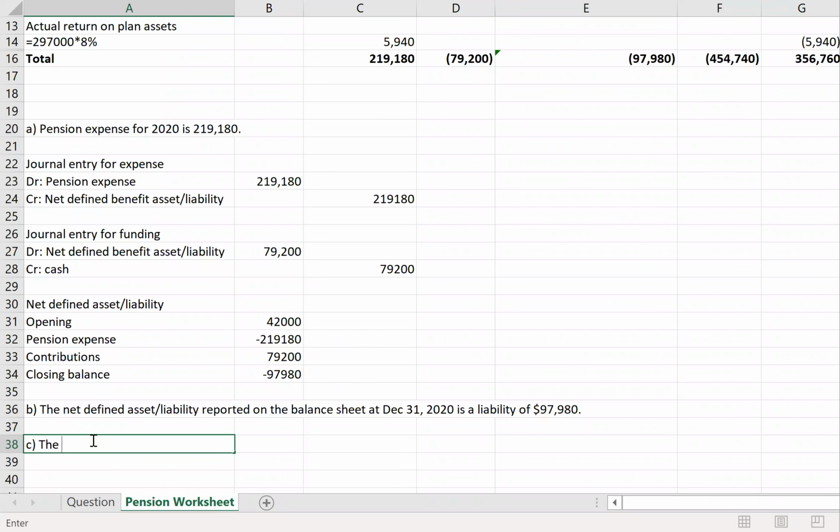So the deficit in the plan as at December 31st, 2020 is 97,980, the same as the liability reported on the balance sheet of the corporation.